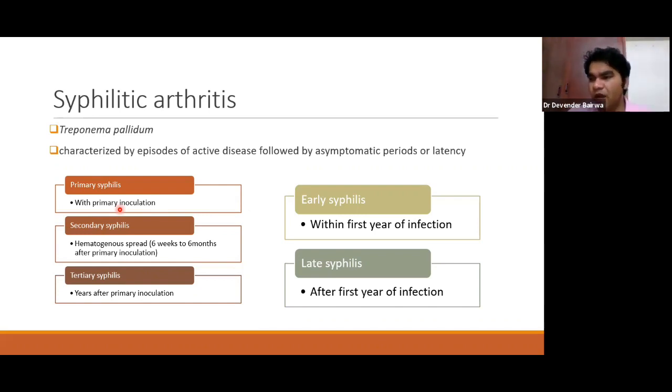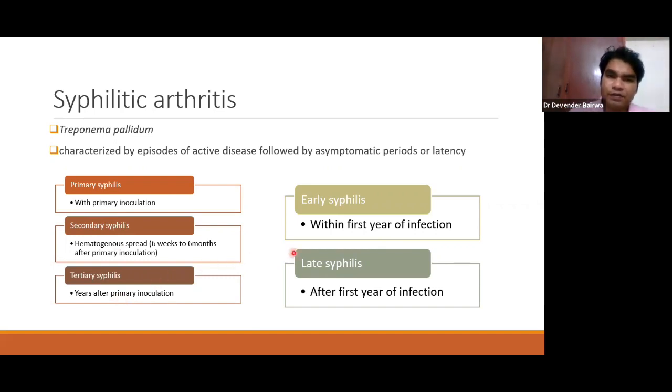You will develop a hard chancre near your genitalia, which is painless and improves by itself. After 6 weeks to 6 months, you will develop secondary syphilis because of hematologic spread, because the bacteria was not cleared completely. And then after years, there can be tertiary syphilis, which most commonly is either neurosyphilis or cardiosyphilis.